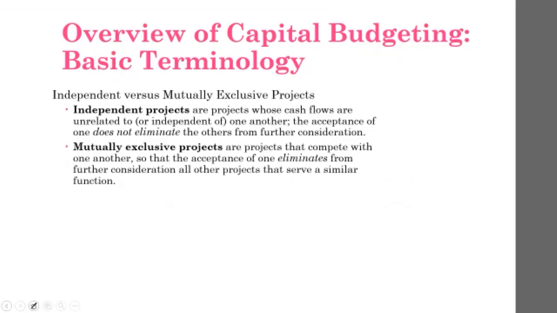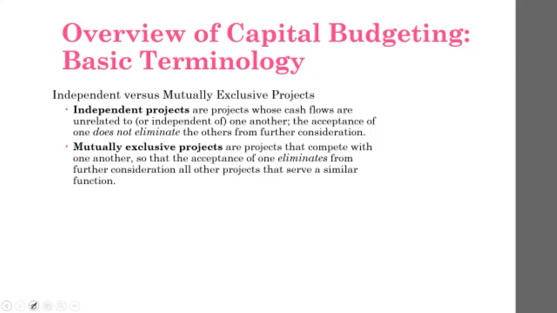The acceptance of one does not eliminate the others from further consideration. So maybe different departments have projects, those will be independent. If HR has a project, marketing has a project, accounting has a project, the firm is not going to decide to take only one, right? So each one will be considered.